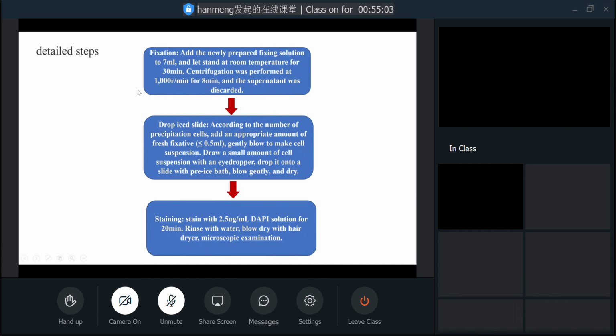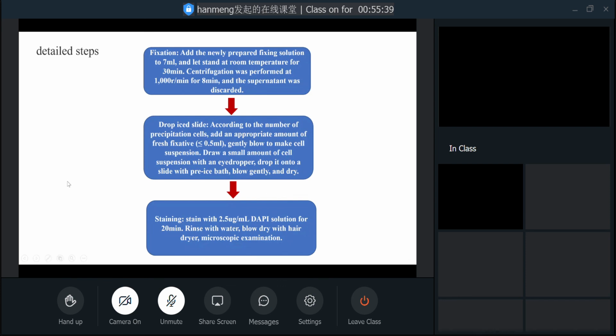But here you should pay attention. This is an ice slide. So we put the slide in a refrigerator ahead of time to make the slide cool.